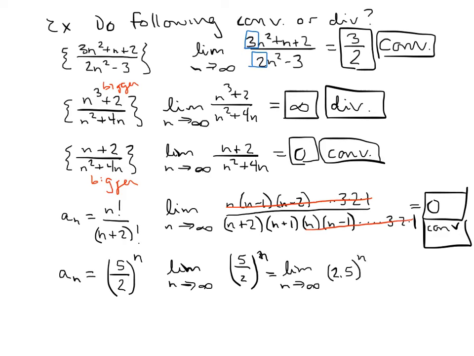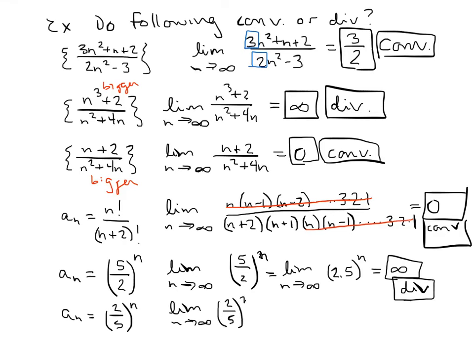So if this had been, okay, one more, I was joking. If this had been 2/5 to the n, then that limit of 2/5 to the n, because 2/5 is less than 1, because it is a decimal less than 1, when you raise it to an n, it essentially gets smaller and smaller every time.